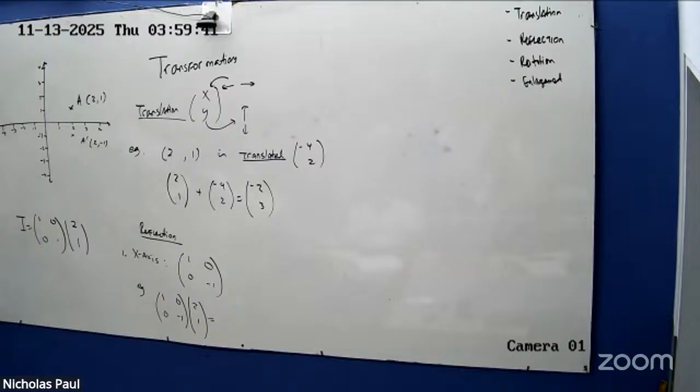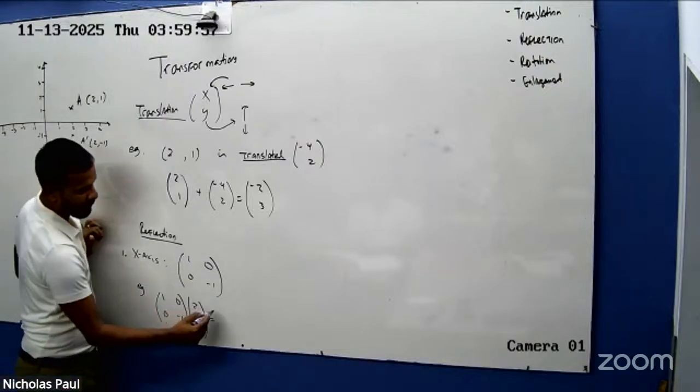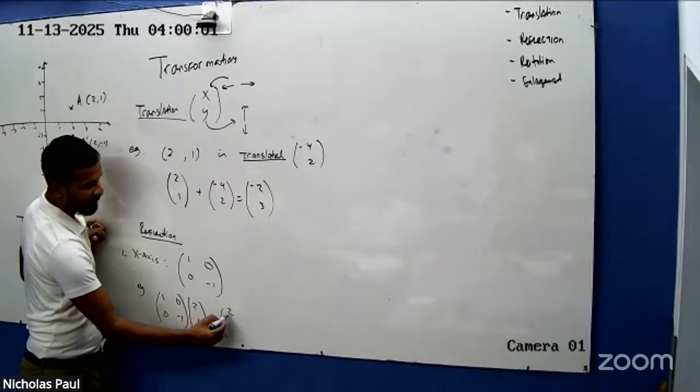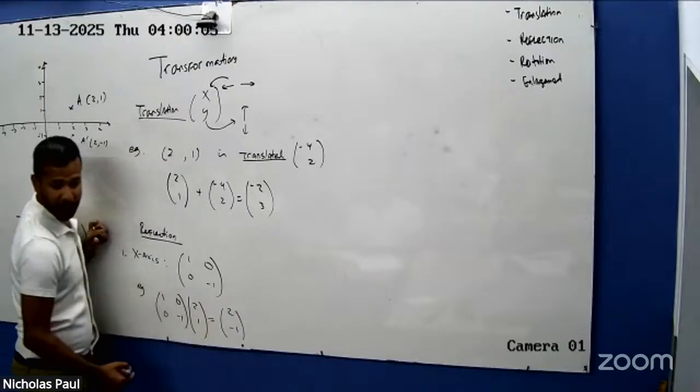Multiply. Very good. When you multiply this, what did you all get? 1 by 2 is 2, plus 0 is 2. 0 plus minus 1 is minus 1.